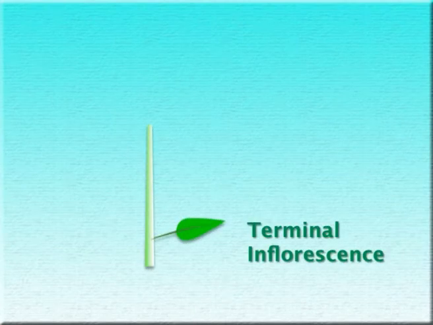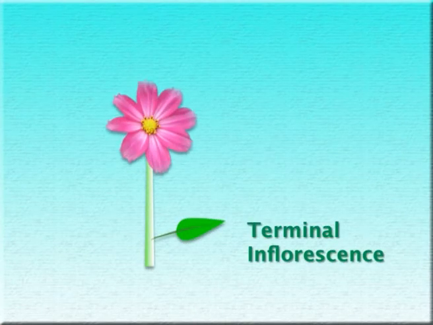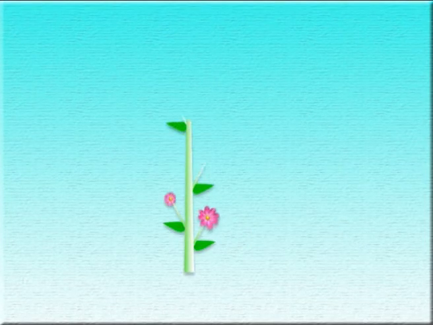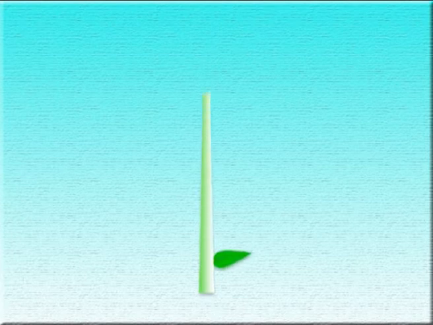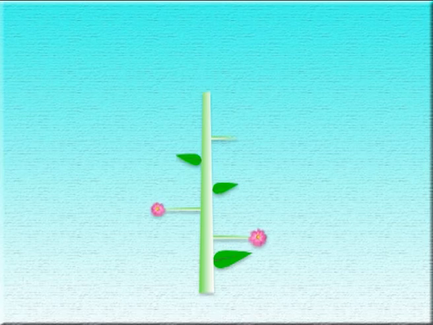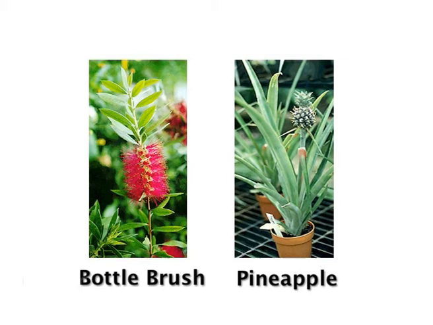The terminal type of inflorescence arises at the apex of a plant, while the axillary type of inflorescence develops from the axils of leaves. Intercalary inflorescence develops in the middle of a stem. In this case, the main stem grows continuously even after the formation of an inflorescence. It's found in bottlebrush and pineapple.